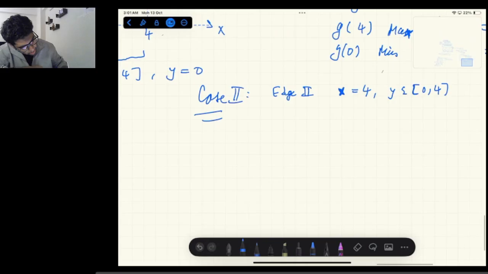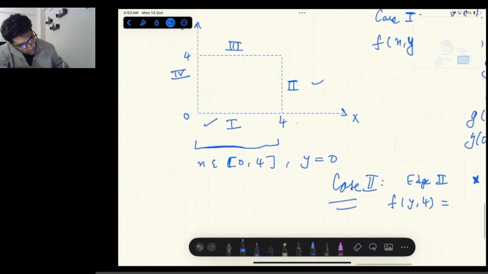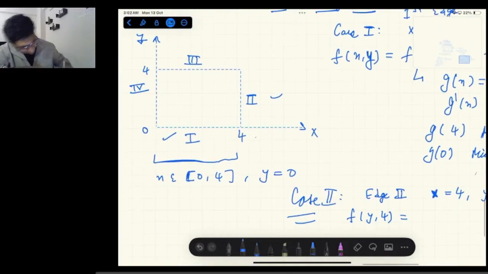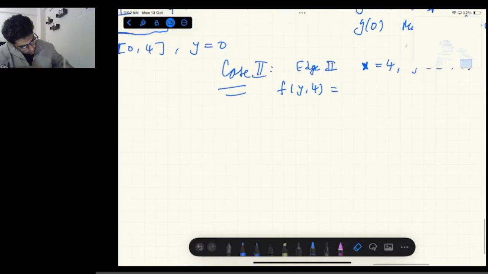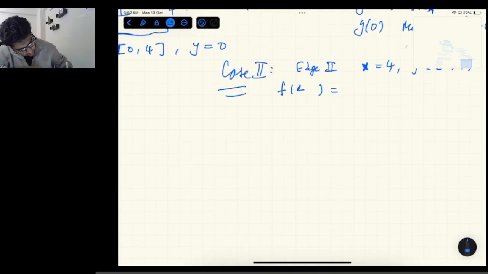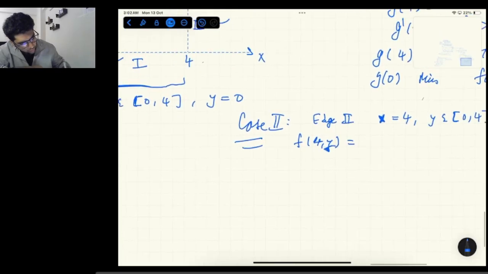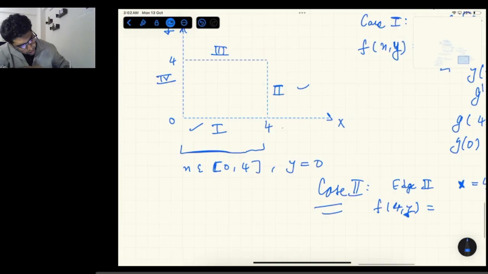So f of 4 comma y. So here x is 4 and y is lying between 0 and 4.